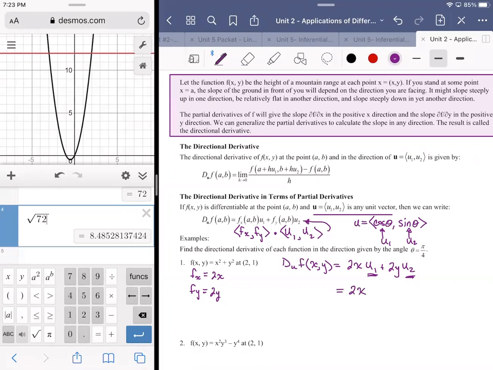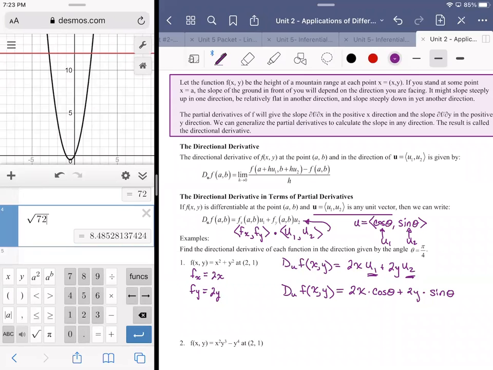Right? So 2x, instead of u sub 1, I can now say cosine of theta, plus 2y, instead of u sub 2, I could say sine of theta. All right. And again, that's the directional derivative in the direction of some unit vector u for the multivariable function f of x, y. Now, I want to get more specific.